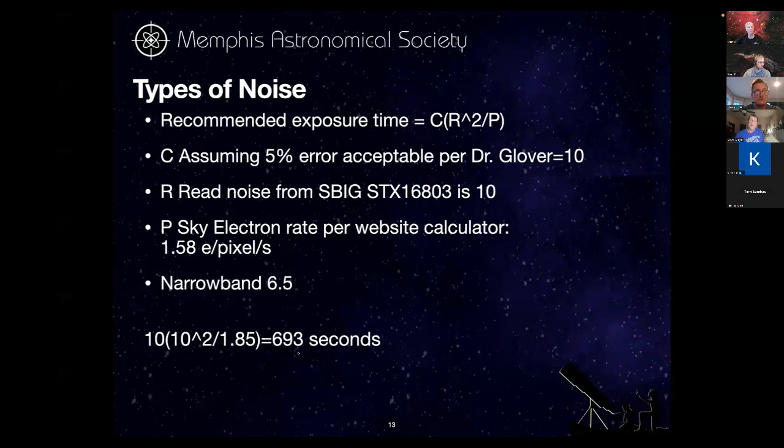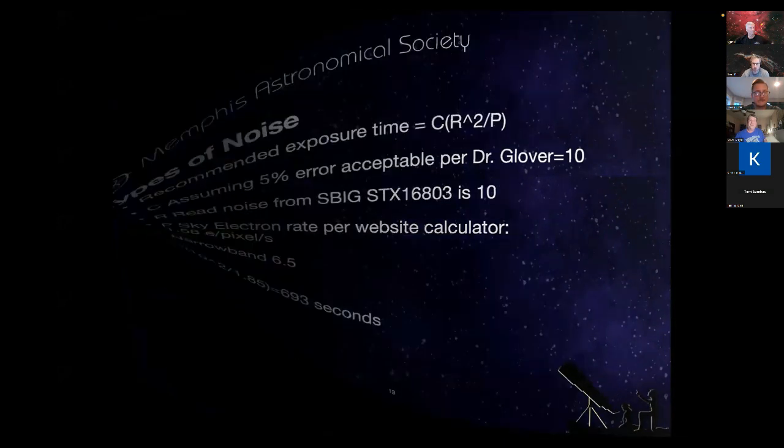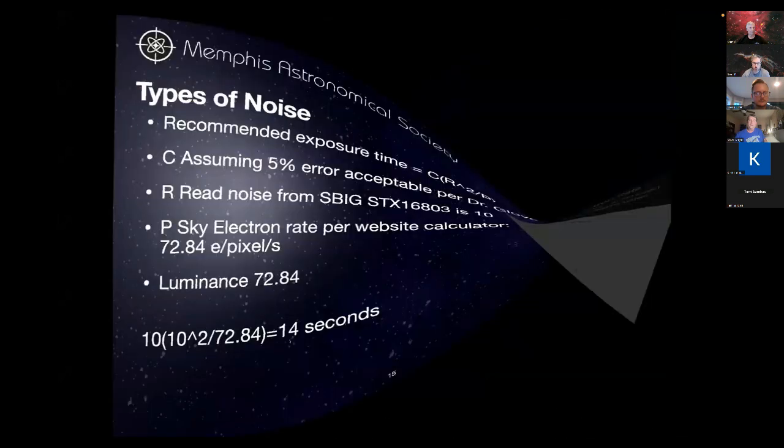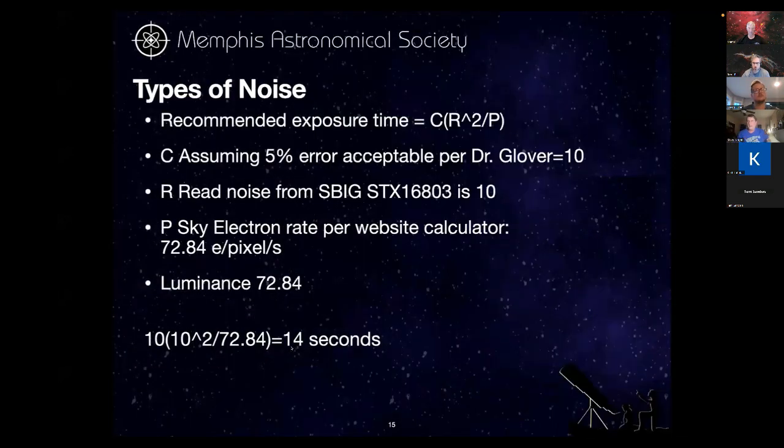But this is the thing that shocked me: luminance, right? If she has her luminance plugged in, 14 seconds, according to Dr. Glover, is like anything more than that. In other words, he'd say, I prefer you take 14-second exposures, lots of them, just lots of them.